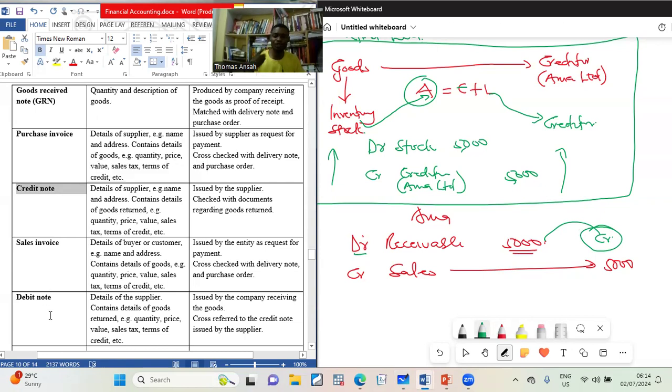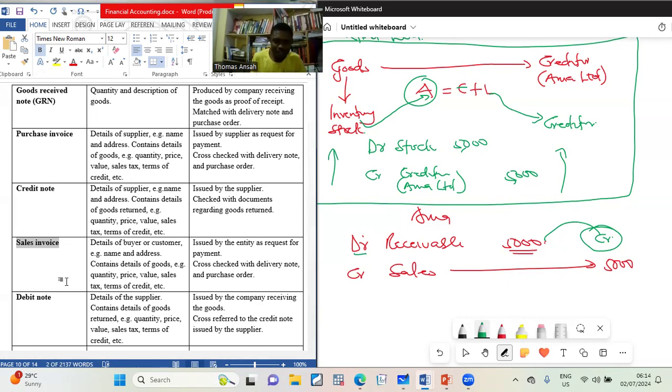Remember, a credit note is issued by the supplier, but a debit note is issued by the company who is receiving the goods. So that is what will happen. Now, we have a sales invoice. Like the purchases invoice, we have the sales invoice. When you sell, you give somebody an invoice. I think we all know about that.